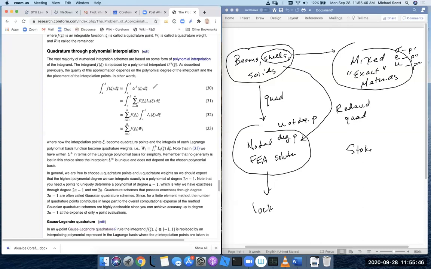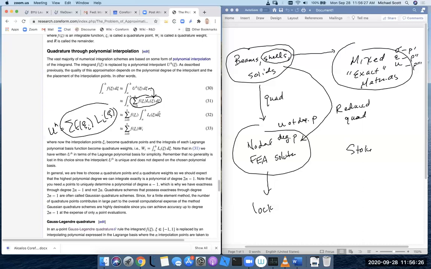So this guy right here, basically we're saying u_h is equal to the sum of f(x_i) L_i. The way I would say this in words is that this is the interpolating polynomial in the Lagrange polynomial basis.